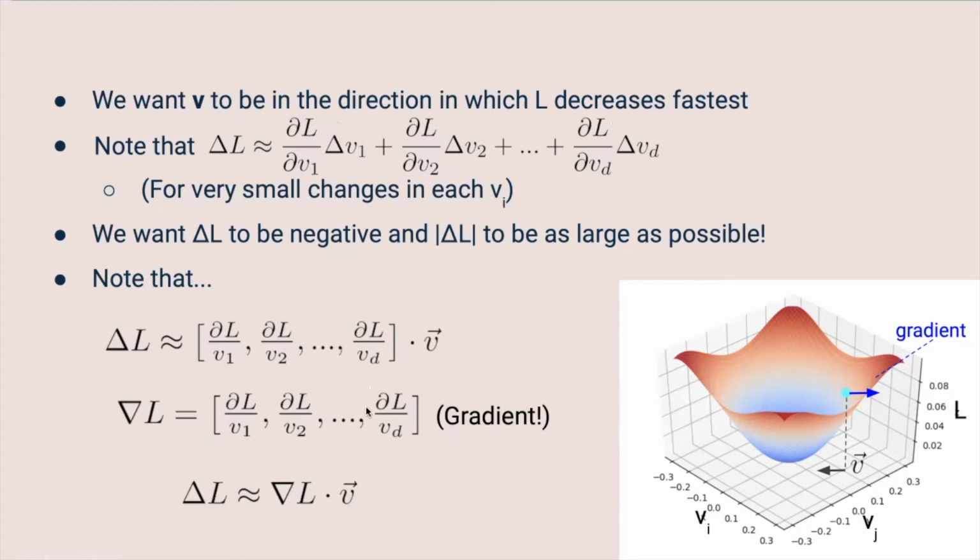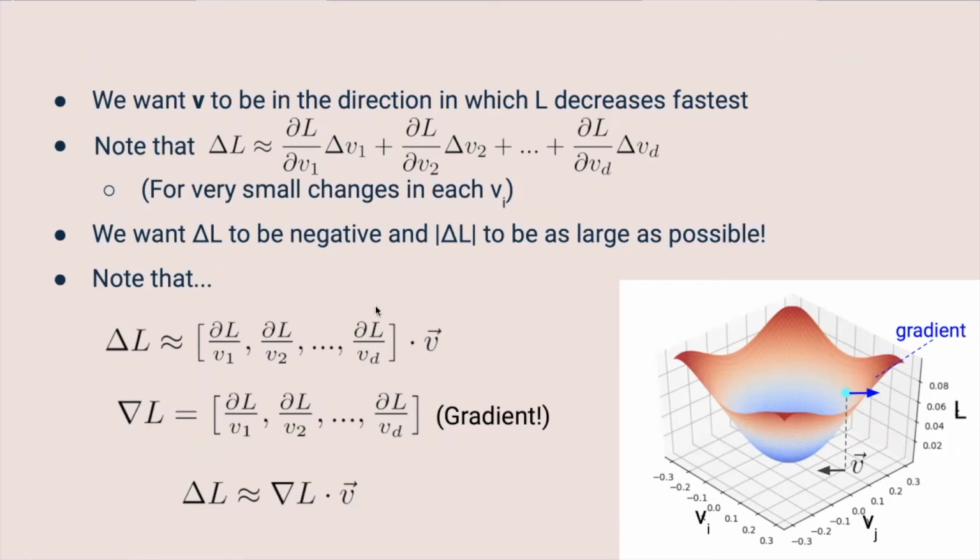And here we rewrite this in vector notation. This turns out to be just a dot product between two vectors. The first vector is made of the partial derivatives, and in the second vector we captured all these delta v's.